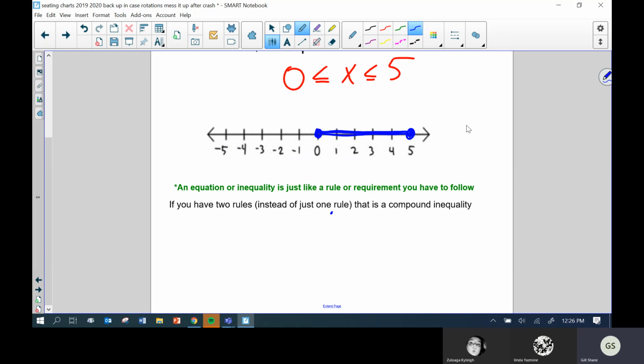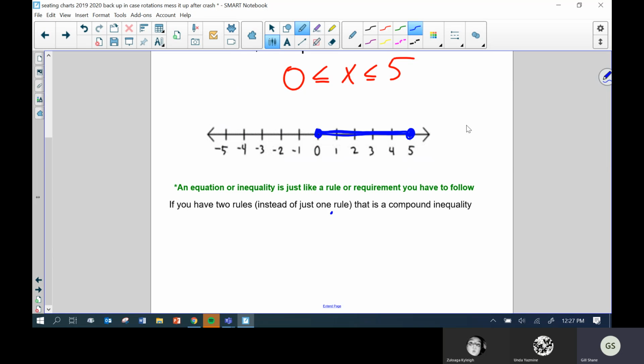So it says, all right, please refocus. An equation or an inequality. We're dealing with inequalities now, but this is going to be true for equations when we get back to those. They are just like a rule or a requirement we have to meet.